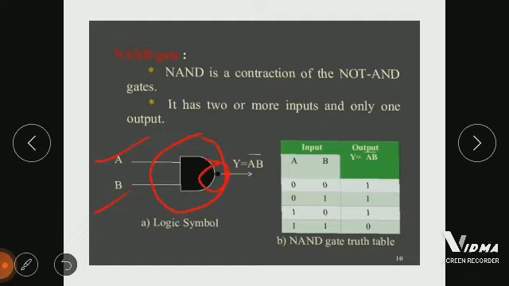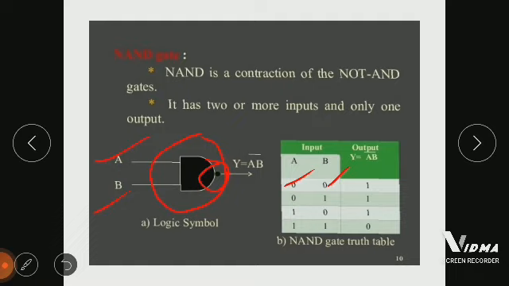So we give the inputs A and B. In the AND gate the output was A into B, but in the NAND gate it becomes the complement of that, y is equal to AB bar. The truth table has inputs A and B and the output y is equal to AB bar. If A is 0 and B is 0, then A into B is 0, but because of the bar, the complement is 1.